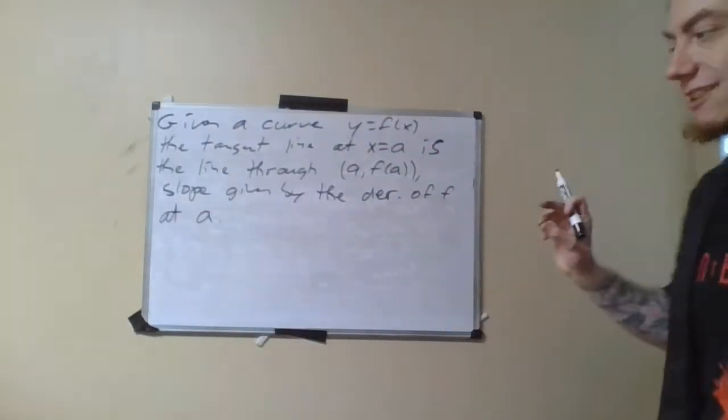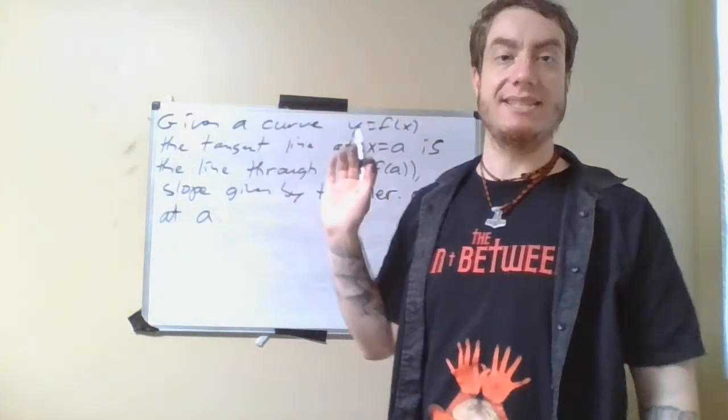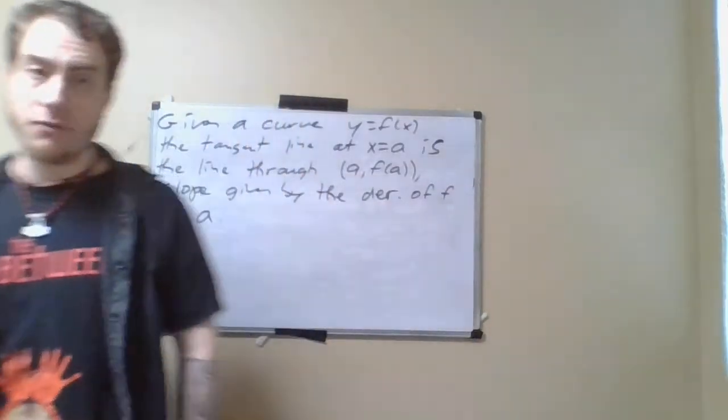So you can think of the tangent line as actually the limit of the secant lines in a very precise sense. It really is the limit of the secant line.